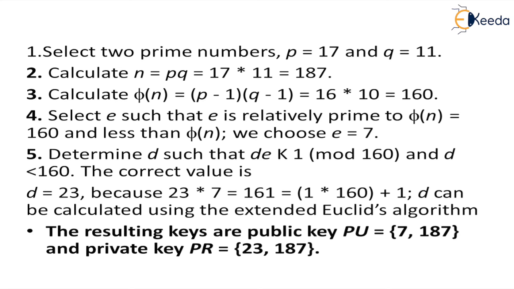The correct value is D is equal to 23, because 23 times 7 is equal to 161, that is, 1 times 160 plus 1. D can be calculated using the extended Euclid's algorithm. The resulting keys are public key PU is equal to {7, 187} and private key PR is {23, 187}.